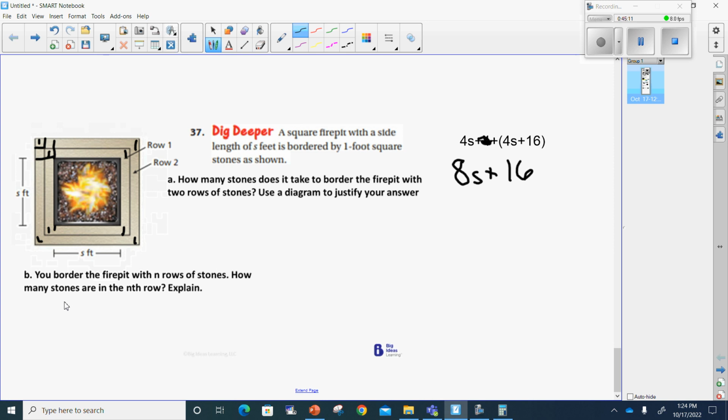Now it says you border the fire pit with n rows of stones. Oh wow. Okay. How many stones are in the nth row? Okay, you border the fire pit with n rows of stones. How many stones are in the nth row?